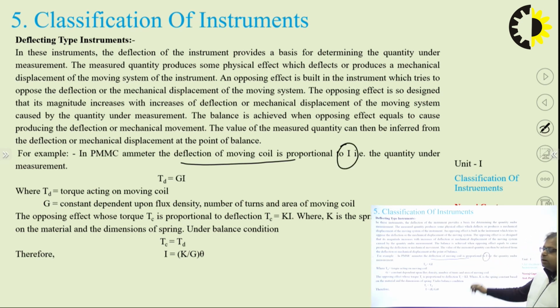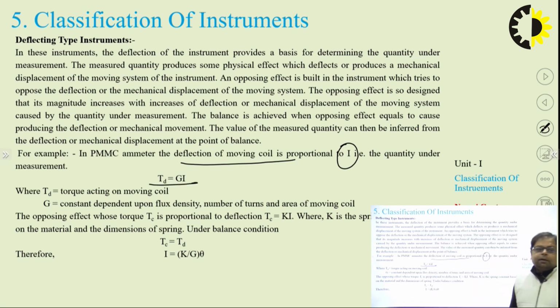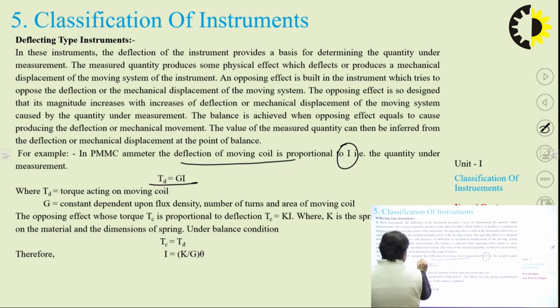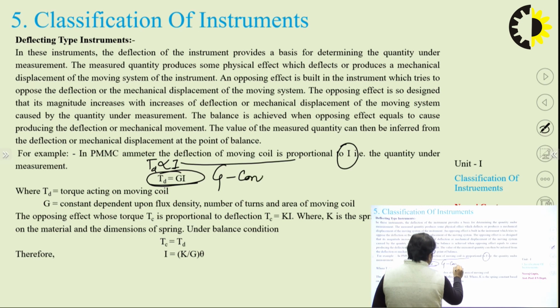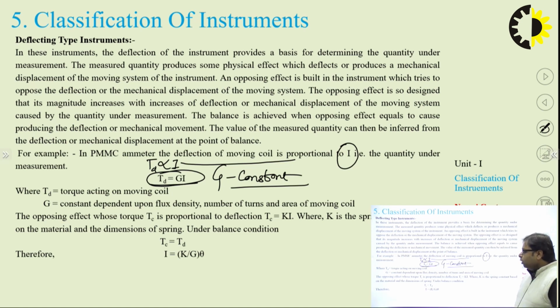So, there will be a deflecting torque TD, which is proportional to I, and TD equals GI, where G is a constant. G is determined with the help of flux density, number of turns in the coil, and area of the moving coil. These are the few factors which govern G.